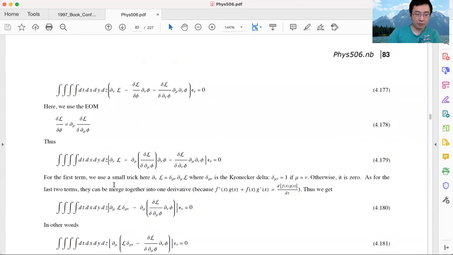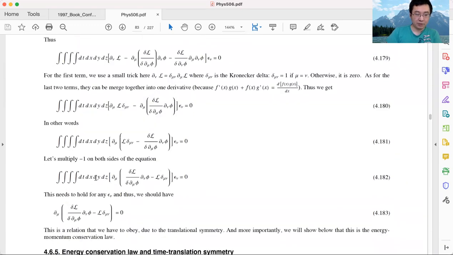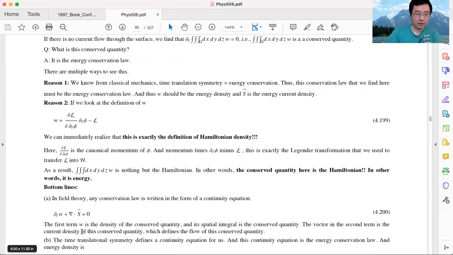We massage the formula a little bit, and we showed that this guy needs to be 0. And if we want this to be 0 for any translation, any epsilon, this whole thing in the square bracket needs to be 0. That is where we obtain this formula, equation 4.183, from the previous lecture. So today we'll start from this formula.